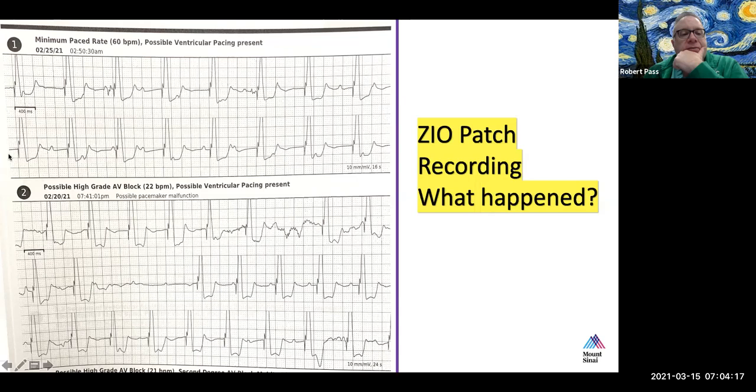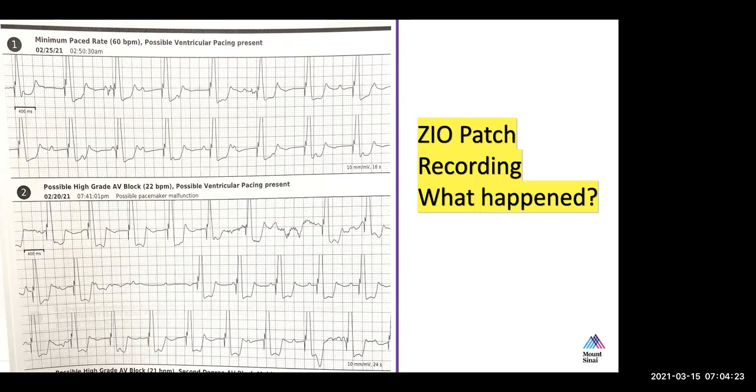Is that possible? No, I'm not sure I understand that explanation. It doesn't seem to be DDD pacing in the least. So if we had dual chamber, then we would have made it that setting.